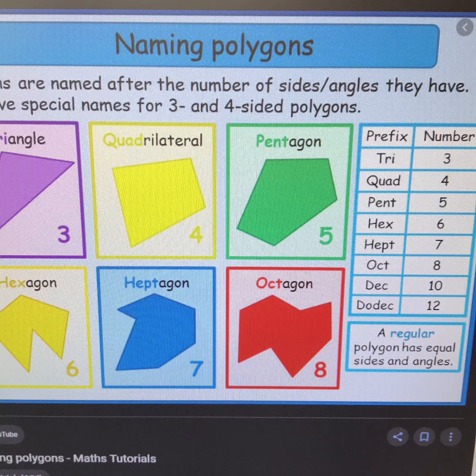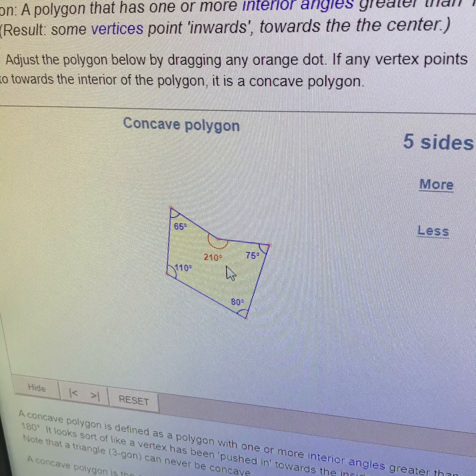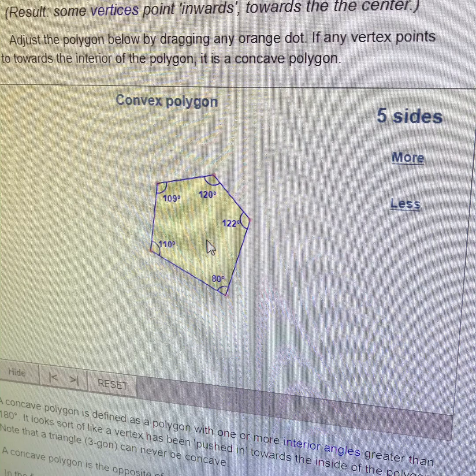Concave polygons, like the example for 6, 7, and 8 here, are polygons that have an interior angle that is more than 180 degrees. So in this example, that 210 is making this a concave polygon. Now if I were to move that point up, then you'll see this is now a convex polygon.